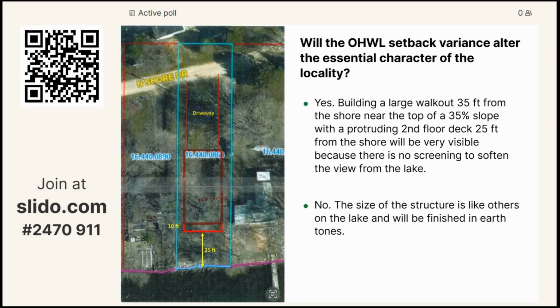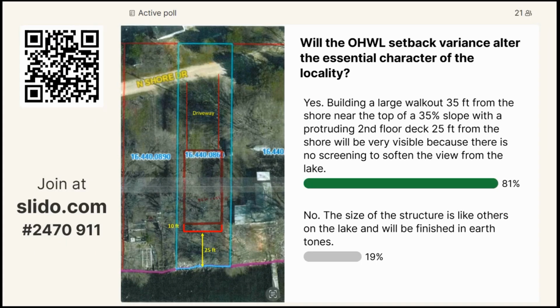The first question here is, will the ordinary high water setback variance alter the essential character of the locality? Okay, it looks like we're starting to settle in here. Again, I think the yes answer uses factual details to support its decision. The no decision in this case is supported by comparing the subject structure to others on the lake, not the two smaller adjacent structures immediately next door, and it doesn't address impacts at all.